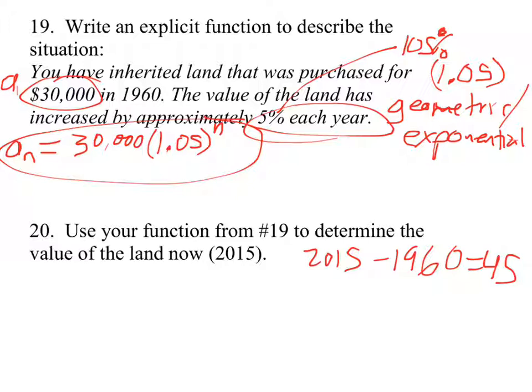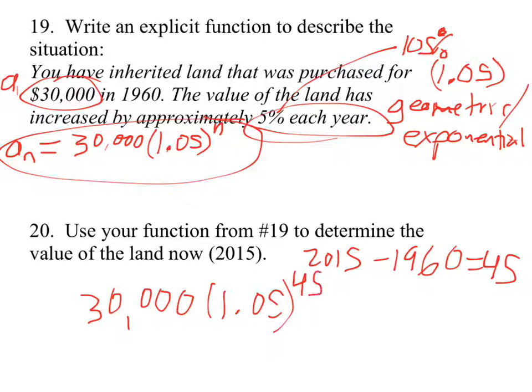But we didn't do n minus 1, we just did n, and so you can just plug in 45 into your explicit function here.